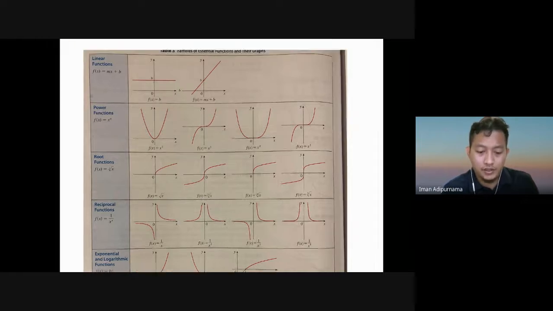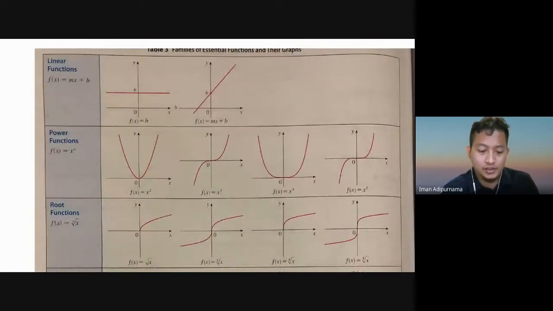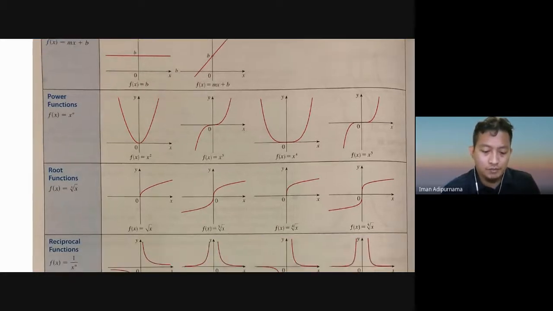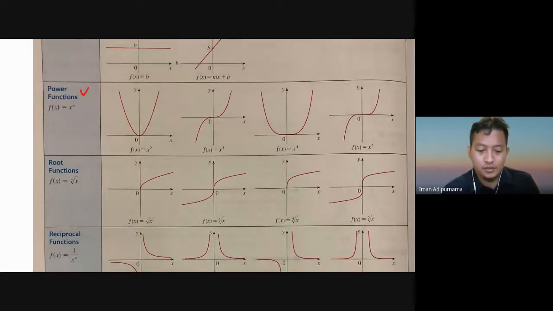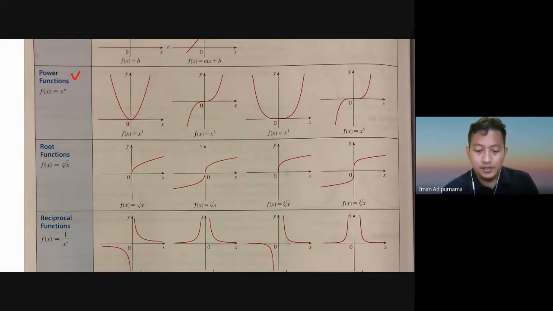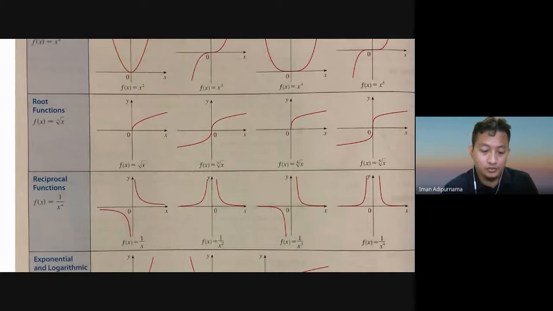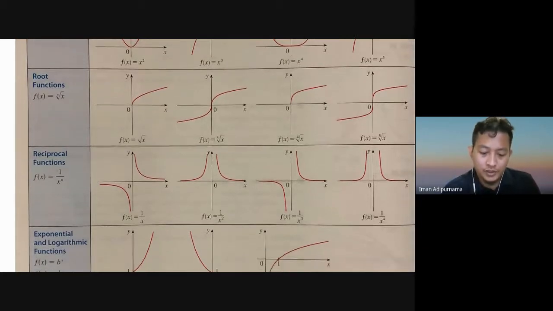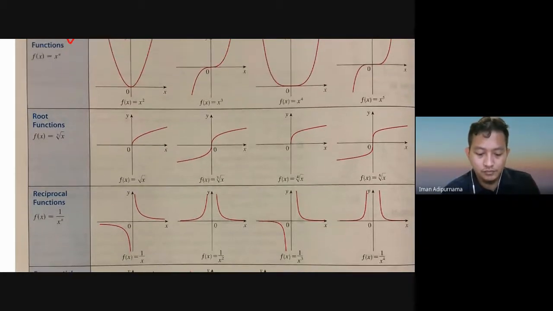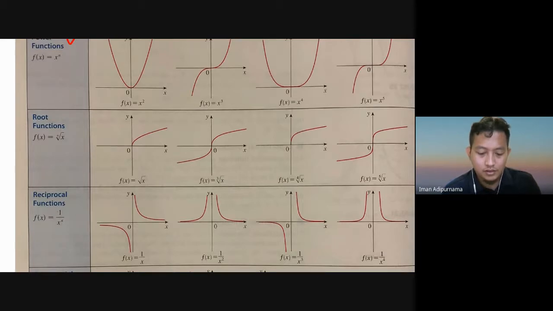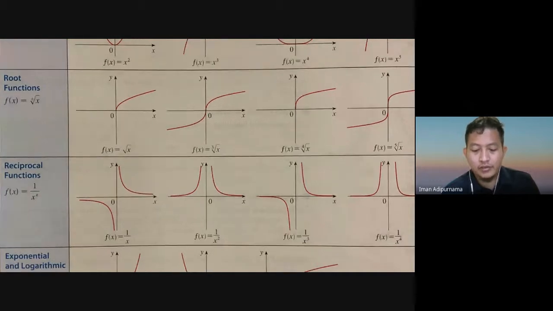So first we have the linear functions. Not really a problem, right? It's just a line. Power functions: x with a power of some number, right? x squared, x cubed, x fourth, x fifth, and so on. And the root functions: square root of x, the cube root of x, and so on.